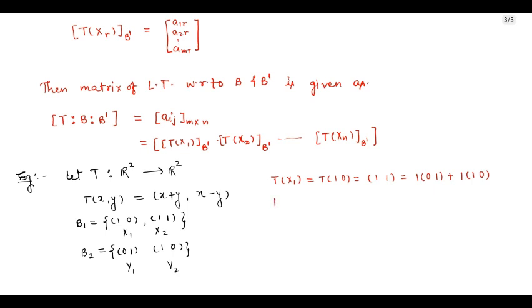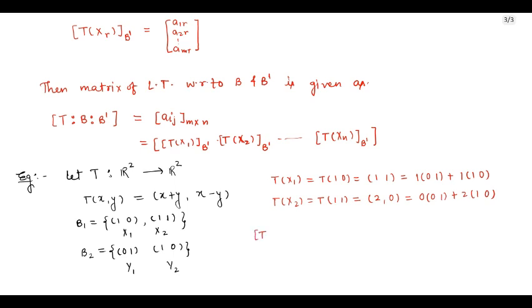And now you find the image of x2, that is T of (1, 1). This equals (2, 0), right? So you can write 0 times (0, 1) plus 2 times (1, 0).